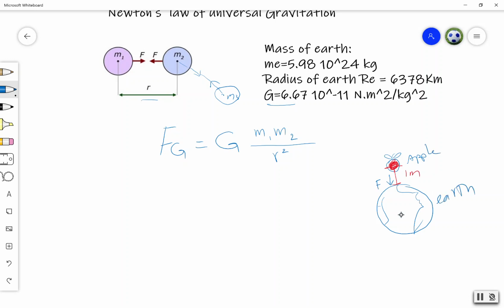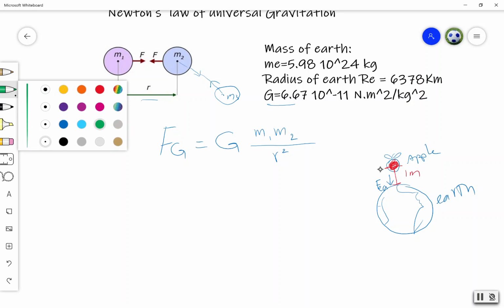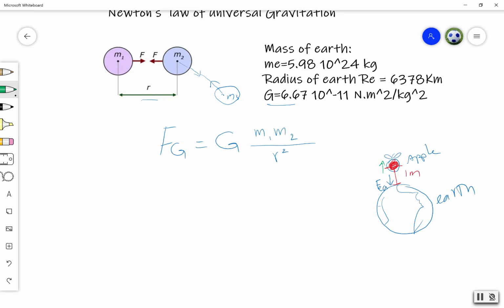Let's put this. The force exerted by the Earth on the apple is F EA, and the force exerted by the apple on the Earth, let's call it F apple Earth. And the distance between the centers of these two masses, the huge mass of the Earth and the apple, will be this distance here.